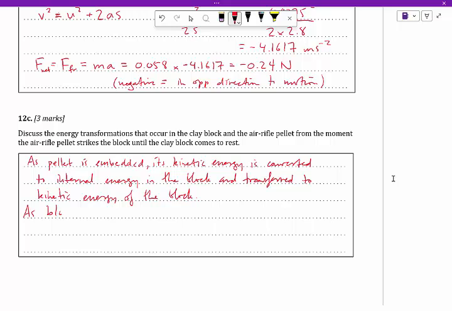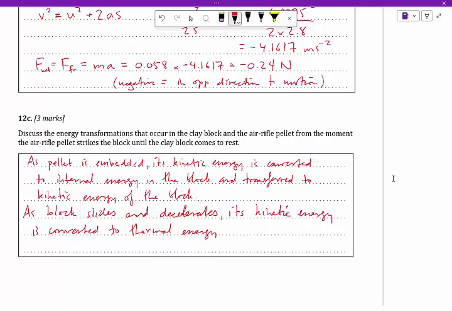As the block slides and decelerates, its kinetic energy is converted to thermal energy transferred to the table.